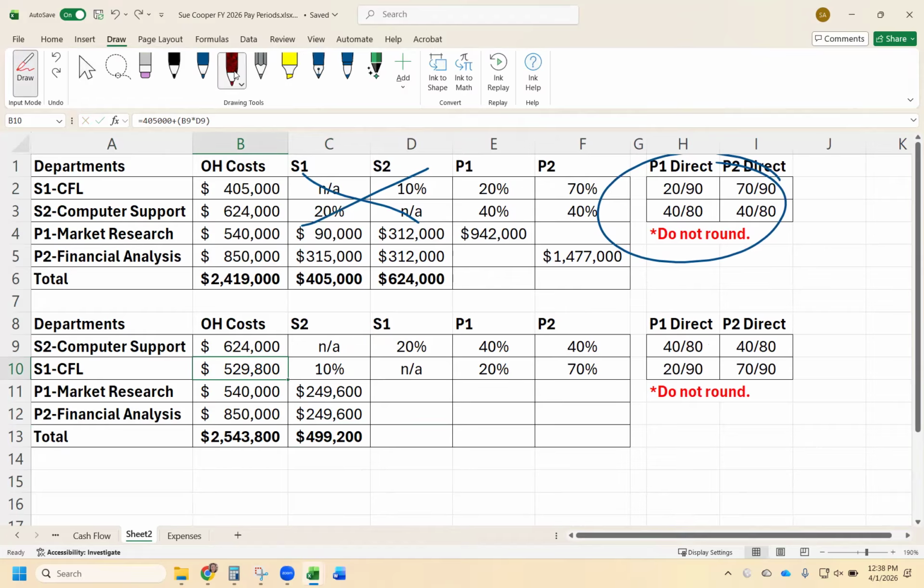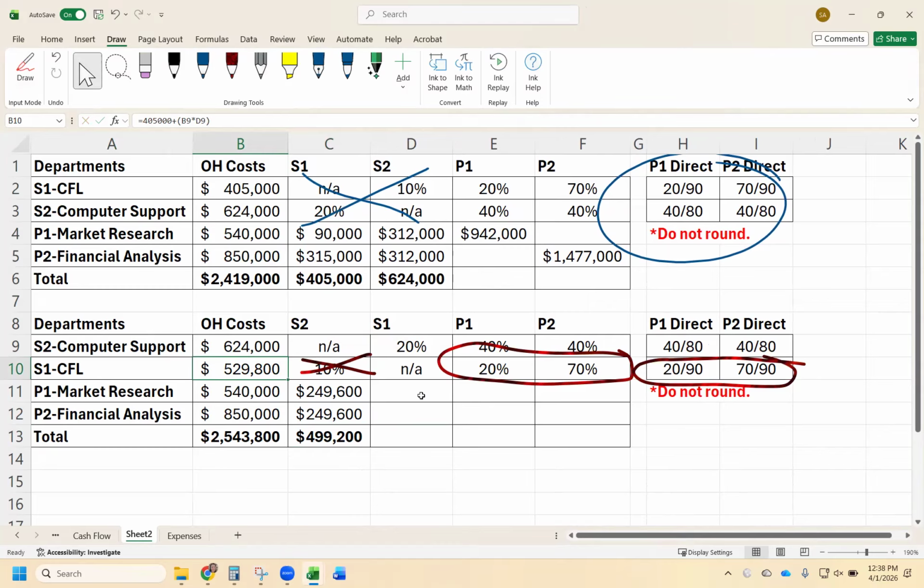Okay, so now we're not going to be doing that 10%. We're just going to be doing the allocation from S1 using the P1 and P2 percents. But since they don't add up to 100, we're going to have to use the direct percents to do that second allocation because we're not going to be able to allocate that 10%.